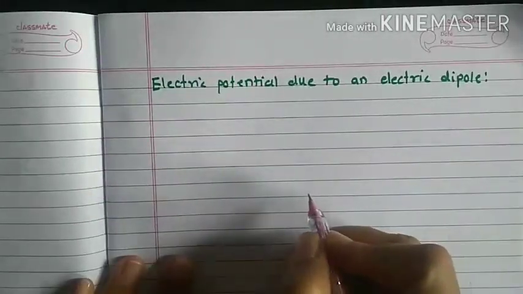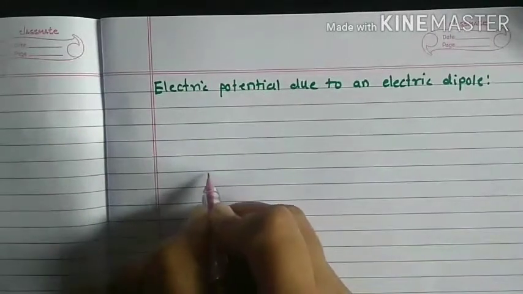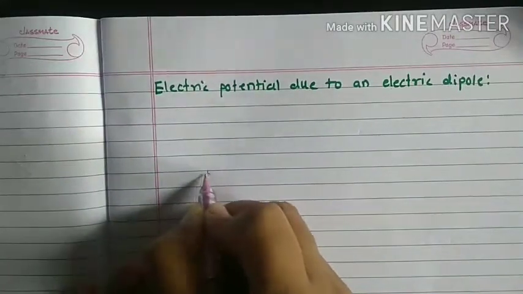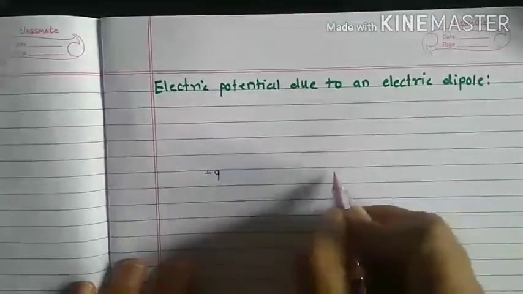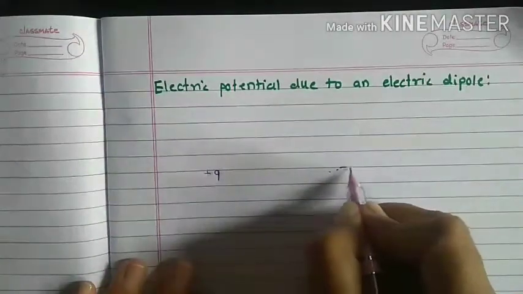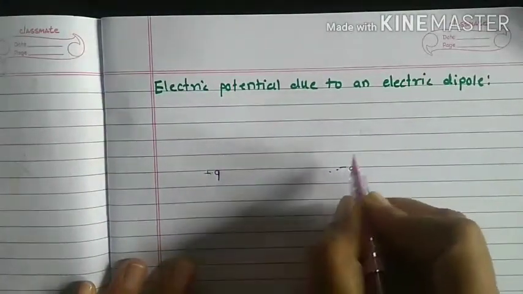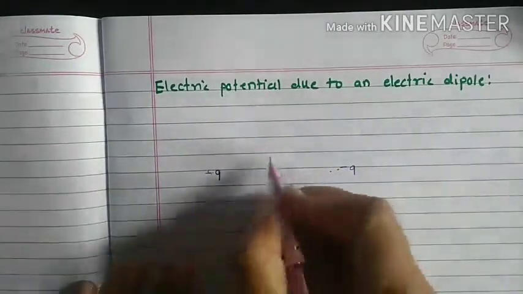Let me draw an electric dipole. Suppose plus Q charge and minus Q charge are separated by a finite distance.